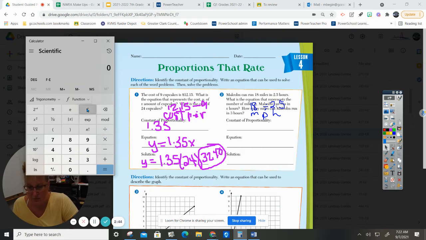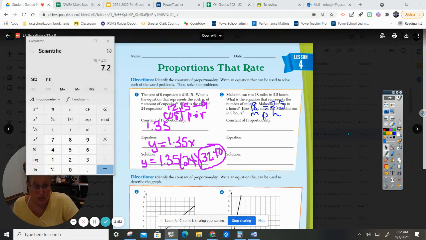Nope, I missed the 0.5. 18 divided by 2.5 equals 7.2 miles per hour, which is also our constant of proportionality, 7.2. Making sure you see the point. So that equation will be his distance equals his rate of 7.2 times how many hours.